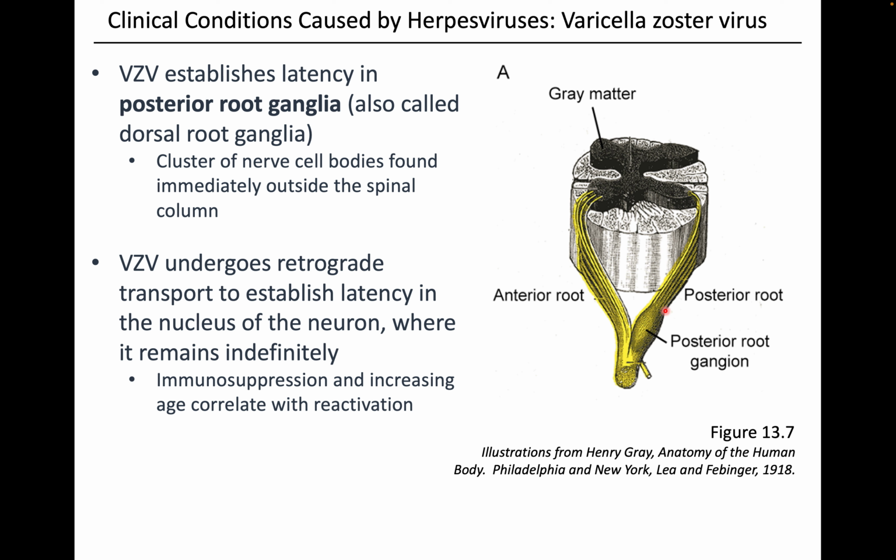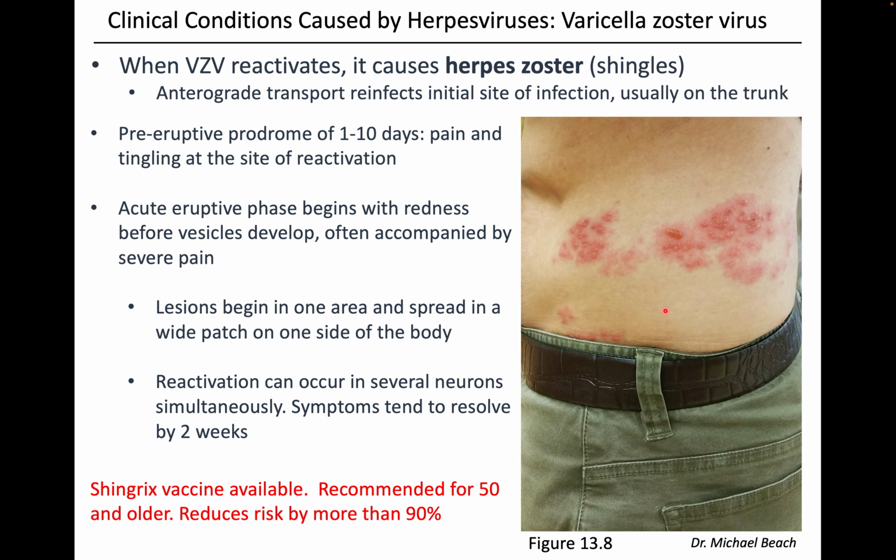And then we believe reactivation seems to be linked to just immunosuppression due to increasing age, because it's almost always occurring in people ages 50 and up, rarely in younger individuals.